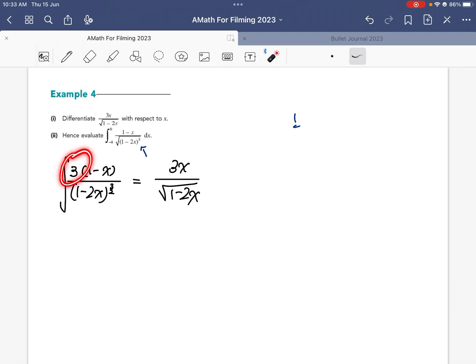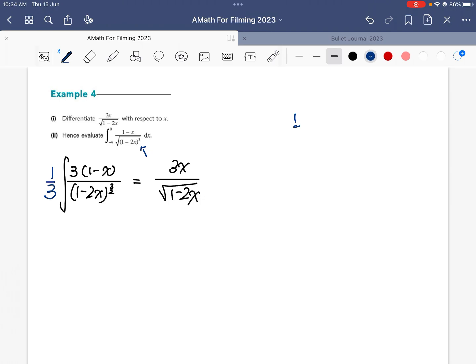So there's the extra 3 I was talking about. To modify, I put in the 1/3 on the left. Why the 1/3? The 3s will cancel to give you just 1 minus x over 1 minus 2x to the power of 3 over 2, which is what we actually want.